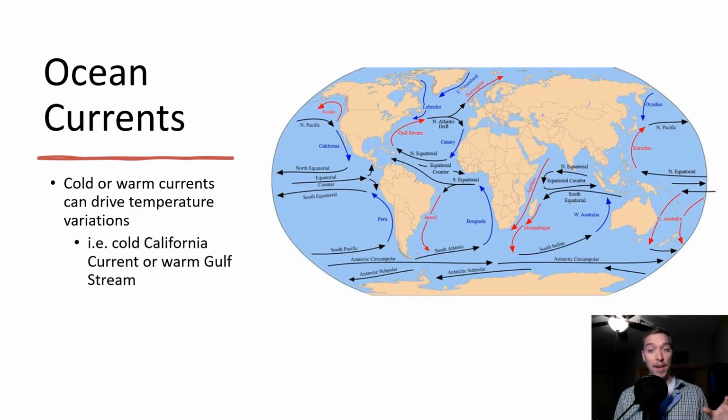Ocean currents are the next big thing, and I mentioned this a few slides ago. Ocean currents can have a really big effect driving temperature differences. If we think of the cold California current that comes down from the North Pacific versus the warmer Gulf Stream current that comes up from our more northern equatorial regions, those have a pretty big effect on the moderating effect of water on temperature, and also have a big effect on the types of flora and fauna that inhabit those different oceans.